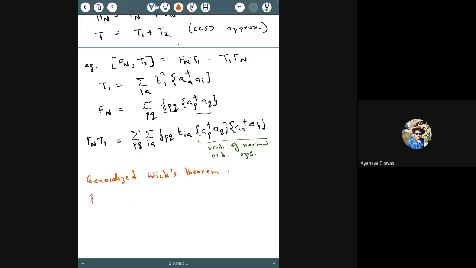It tells you that if you have two strings of normal ordered operators, then you can write them as a joined normal ordered string plus contractions which are only between the strings.